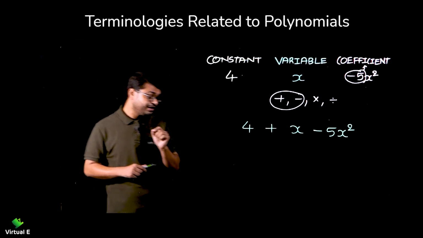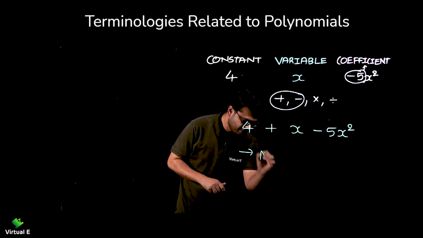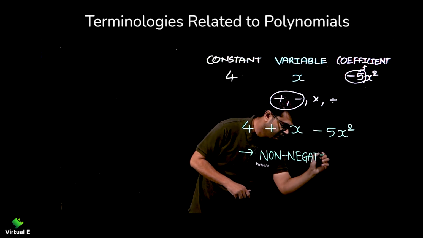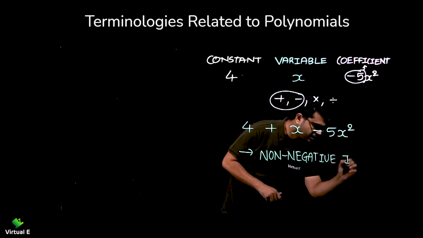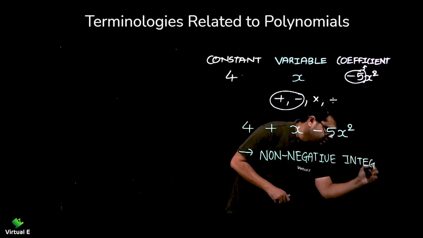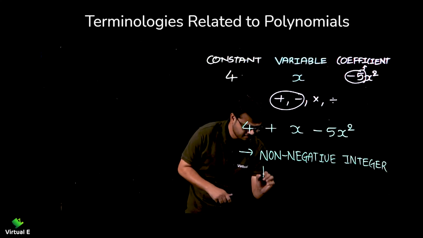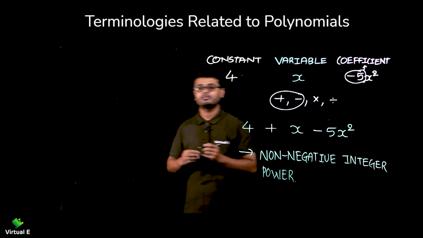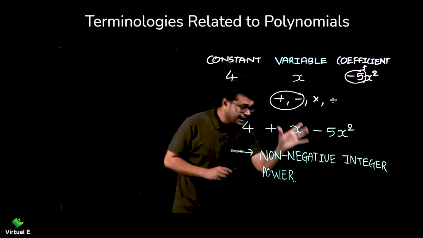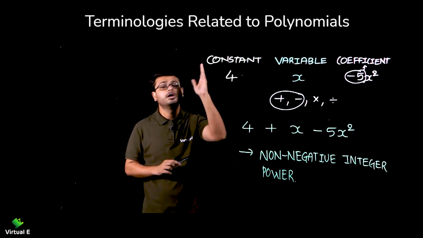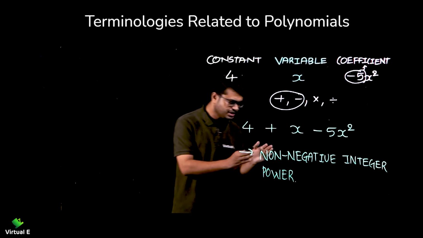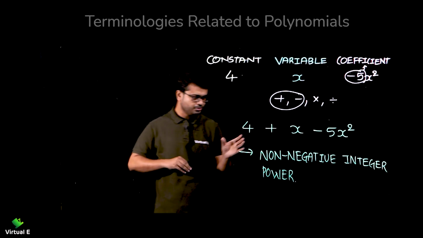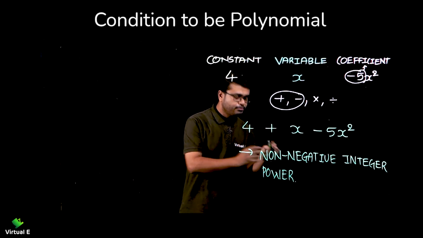Remember, a very important condition: we should have non-negative integer power, then only we can say that the algebraic expression is a polynomial. This is how we differentiate between polynomials and algebraic expressions. So this is the condition to be a polynomial.